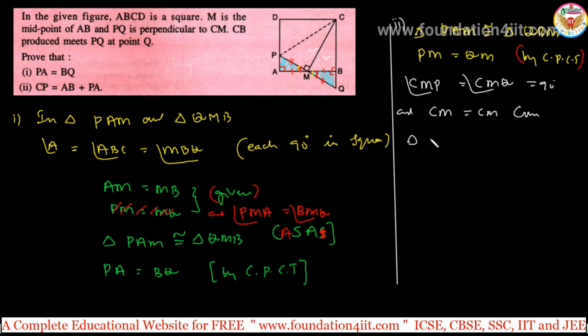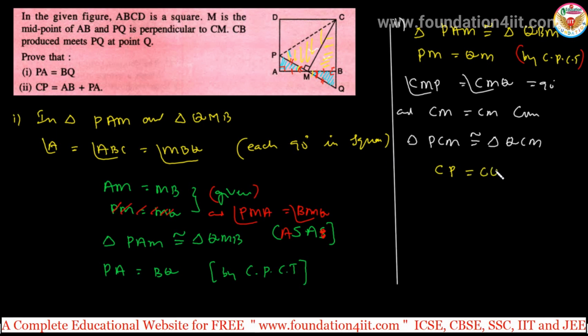Therefore triangle PCM is congruent to triangle QCM. These two triangles you prove congruent. Therefore CP is equal to CQ by CPCT. CP is equal to CQ.